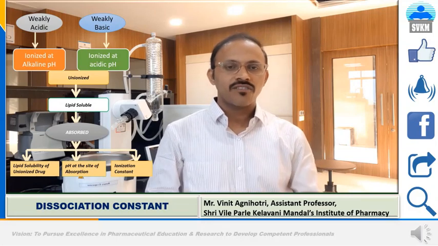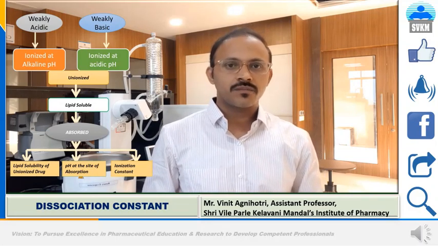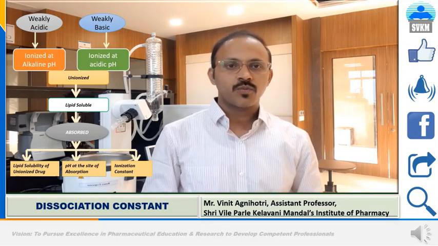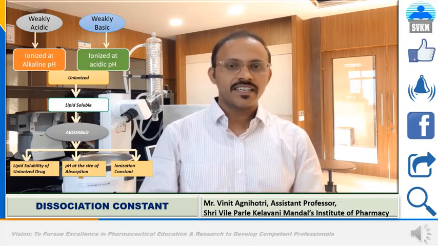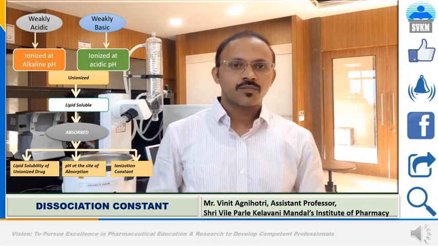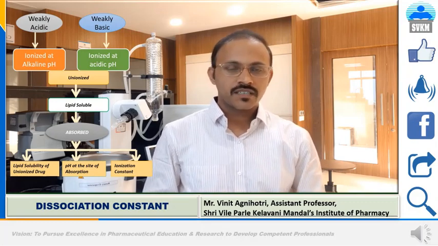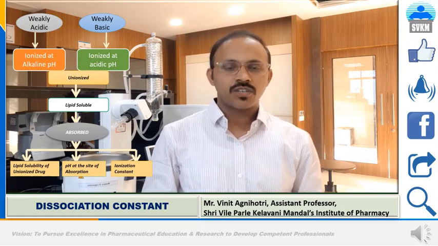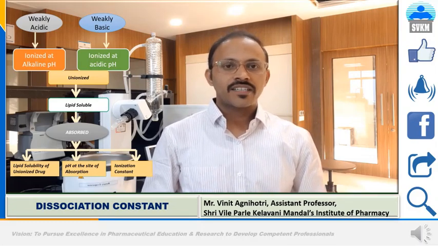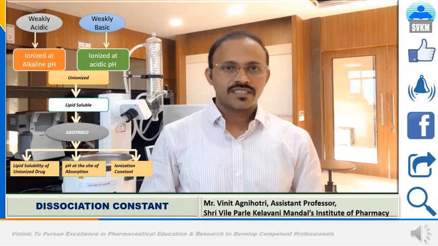Therefore, there always exists an equilibrium between the ionized and unionized portions of the drug molecule. The unionized portion will be easily absorbable, while the ionized portion has more solubility. Both solubility and permeability are important for any drug molecule to be introduced via the GI tract into the systemic circulation.